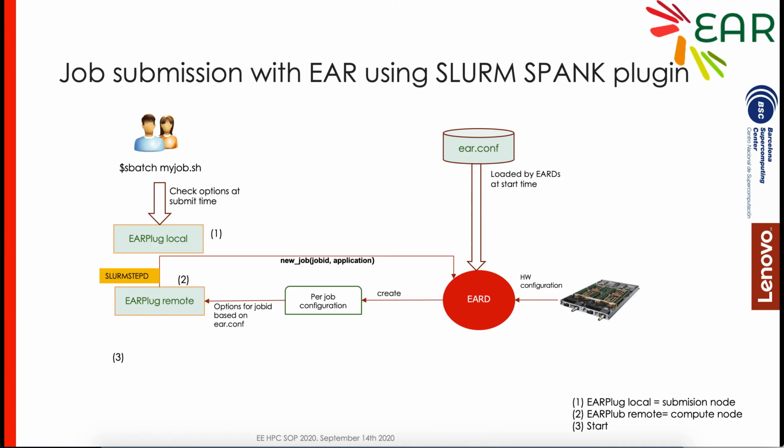Remotely means compute node. So this remote part is the one that connects with the EARL daemon, notifying the EARL daemon there is a new job. The new job sends the application identification and the submission details, like the policy settings, or the CPU frequency in case the application has selected something specifically, etc. Some of these options are only available to EARL privileged users, so the EARL daemon validates, by checking with the EARL configuration file, which is a simple text file, that these options are correct.